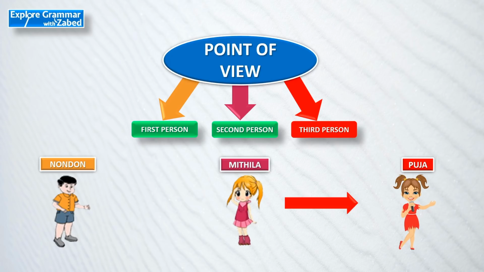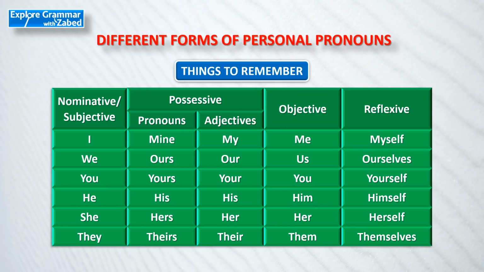Then in this case, Nandan is the first person as he is the one who is speaking. Mithila is the second person as she is the one who is listening to Nandan, and Pooja is the third person as she is not present in the room. While they are talking, Nandan may be talking to Mithila like this: I am telling you that she is singing a song. For complete chart of personal pronouns, please refer this image.